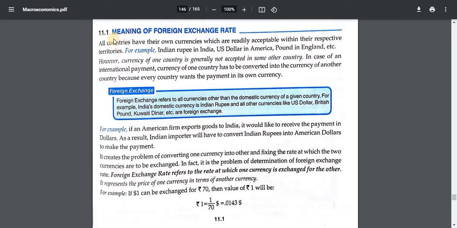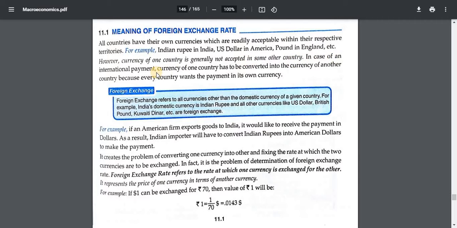1. Meaning of foreign exchange rate. All countries have their own currencies which are readily acceptable within their respective territories. For example, Indian rupee in India, US dollar in America, pound in England, etc. However, currency of one country is generally not accepted in some other country.